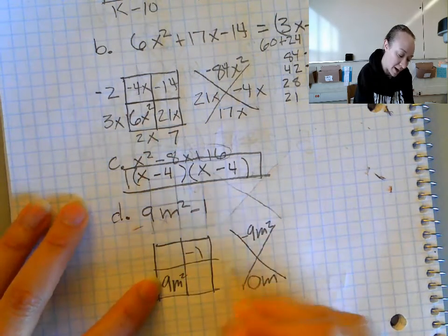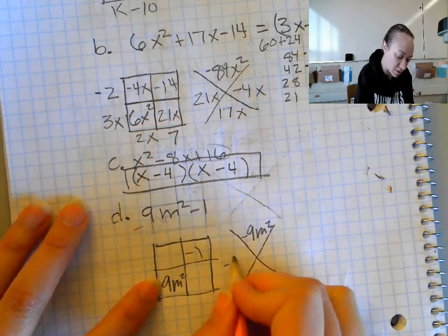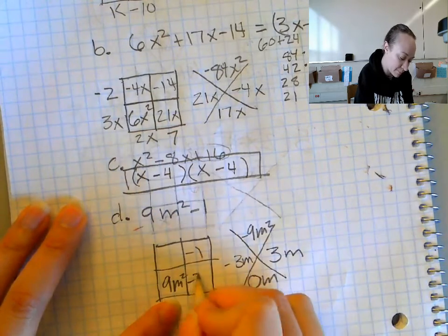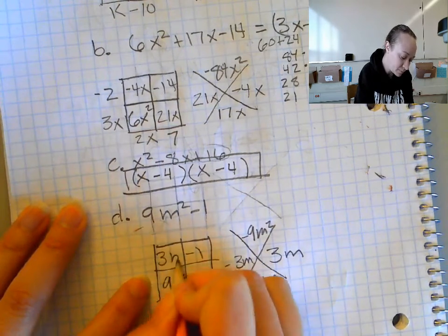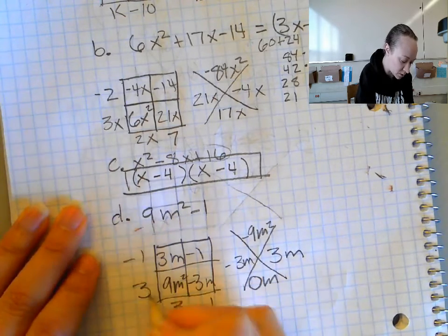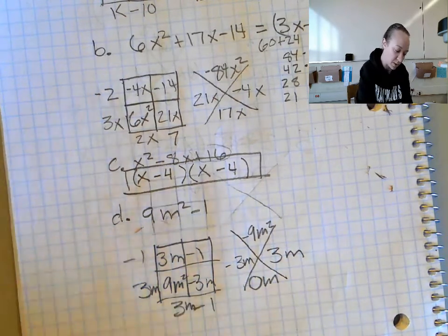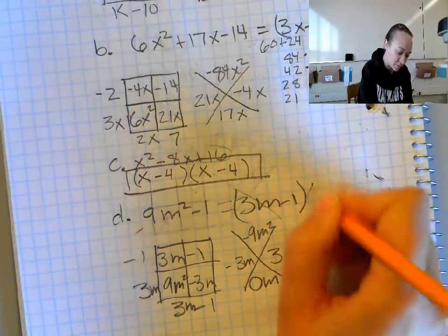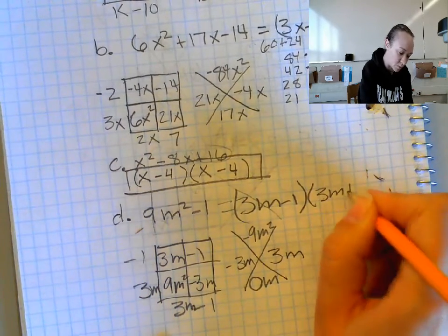So what would add to 0? Negative 3 and 3 would do the trick. So it'll give me 3 and 3, minus 1, 3m, 3m. So 3m minus 1 times 3m plus 1.